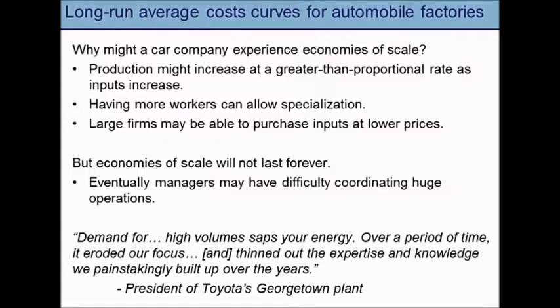And third, large firms such as Ford, Amazon, and Apple may be able to purchase their inputs at lower costs when compared to their smaller competitors. But economies of scale will not last forever as output increases. Eventually, very large firms experience diseconomies of scale because managers begin to have difficulty coordinating all aspects of their operations. Now let's hear Professor Hubbard explain diseconomies of scale at the Ford Motor Company.